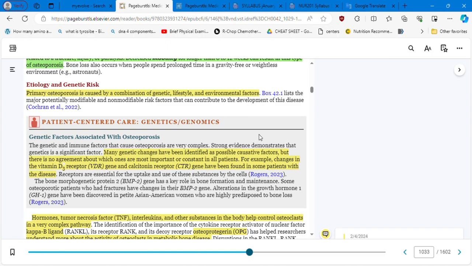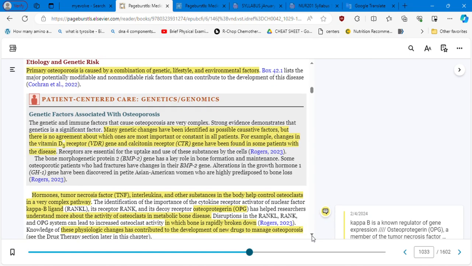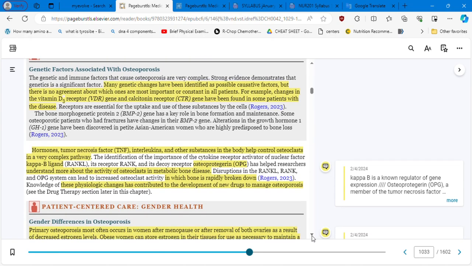Okay, so genetic factors associated with osteoporosis. Many genetic changes have been identified as possible causative factors, but there is no agreement about which ones are most important or constant in all patients. For example, changes in the vitamin D receptor gene and calcitonin receptor gene have been found in some patients with the disease. This is a very interesting piece of information.